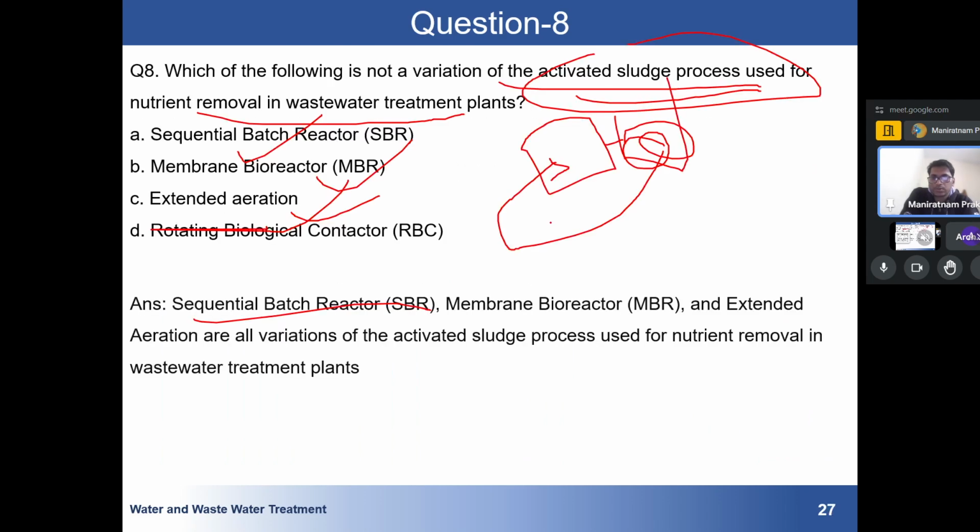So what is happening is that membrane removal and extended aeration are activities which also help in the removal of nutrients. Some nutrients will also be removed with the help of nitrifiers, which I have explained in denitrification.